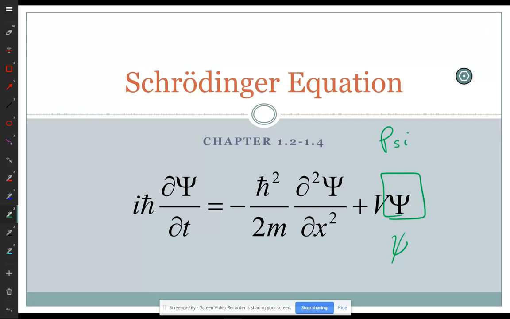And we'll have a bunch of these functions that we combine to make this function. So we'll use lowercase for the individual ones and capital for the complete one. So when I say psi, I mean the wave function. Wave function is the function that ultimately carries all of the information about the particle.